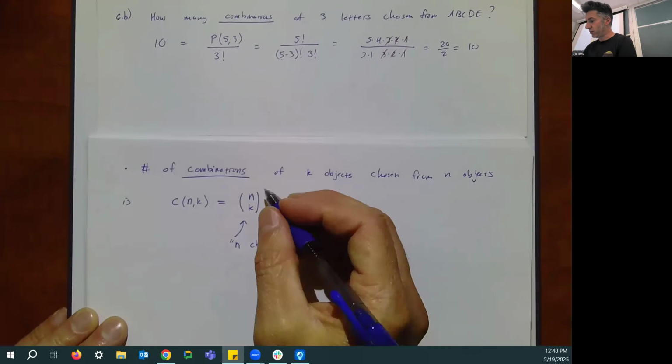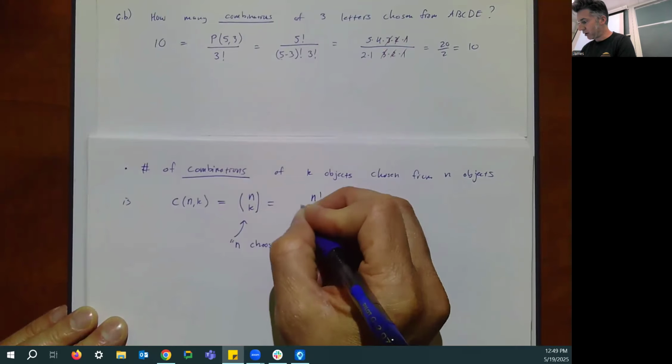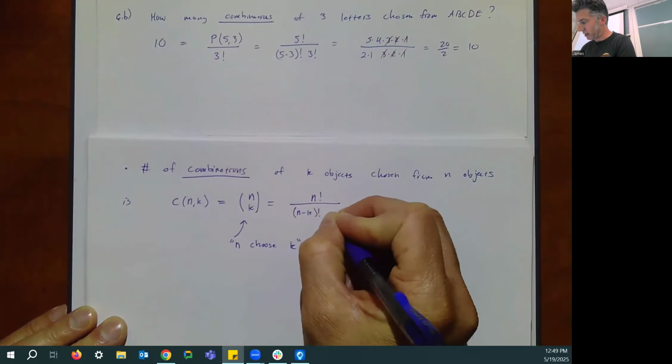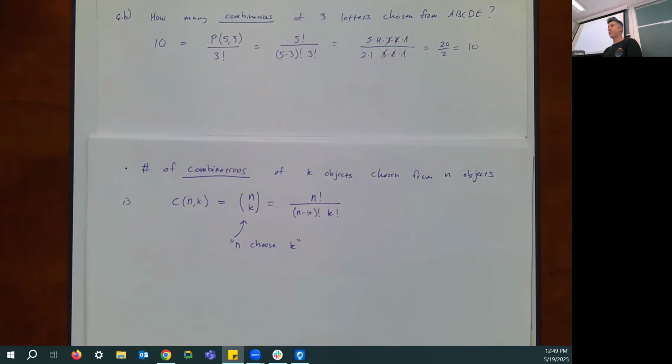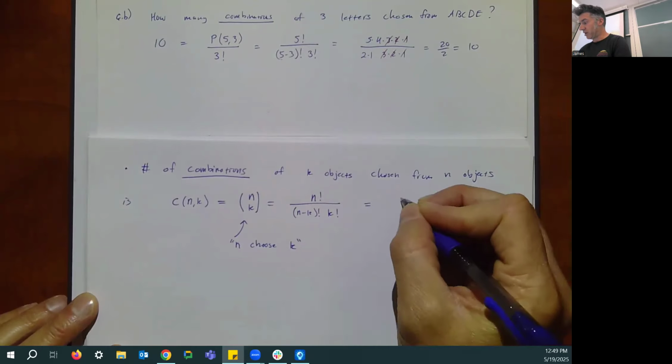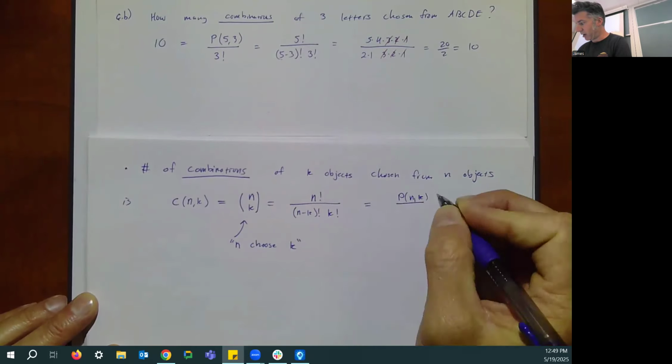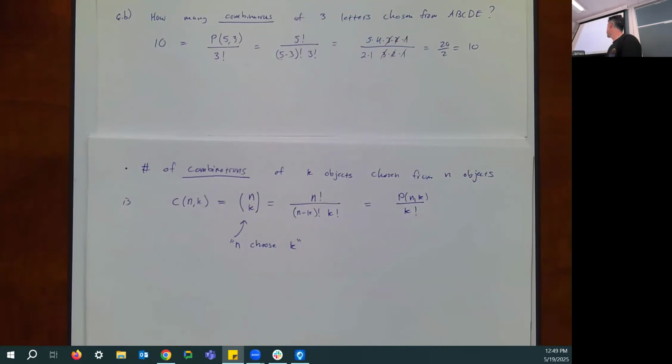And it's exactly equal to n factorial divided by n minus k factorial and k factorial. And if you like, it is okay to think of it as the number of permutations divided by k factorial, the number of ways of ordering the k things we cared about.